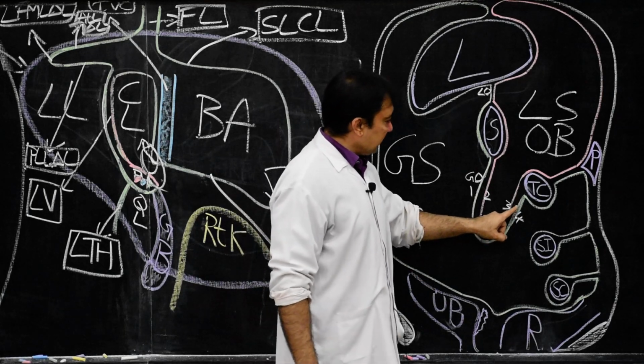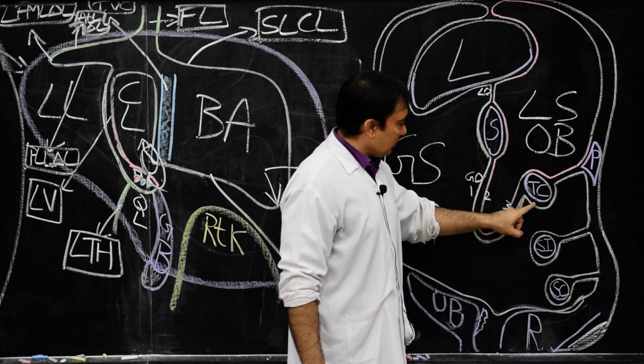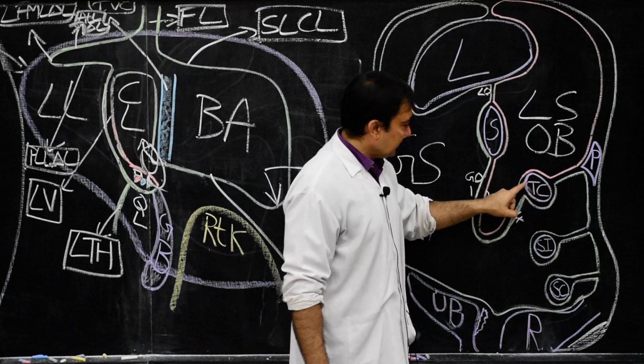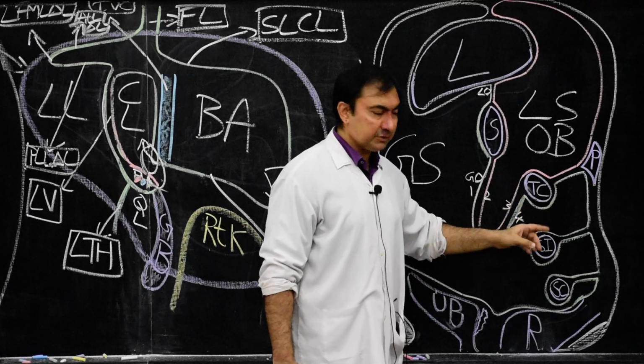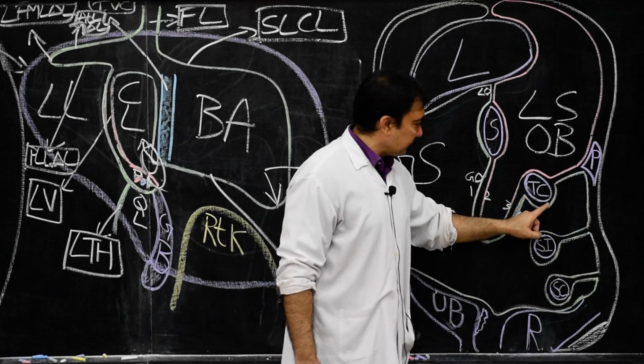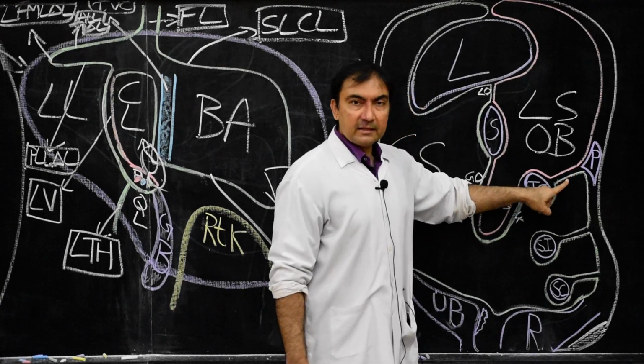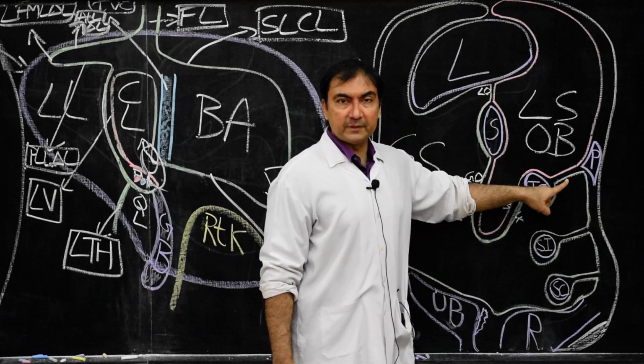This fourth layer of greater omentum will cover the transverse colon from antero-inferior surface. This is the transverse colon, sagittal section of course. It will continue posteriorly as inferior part of transverse mesocolon.